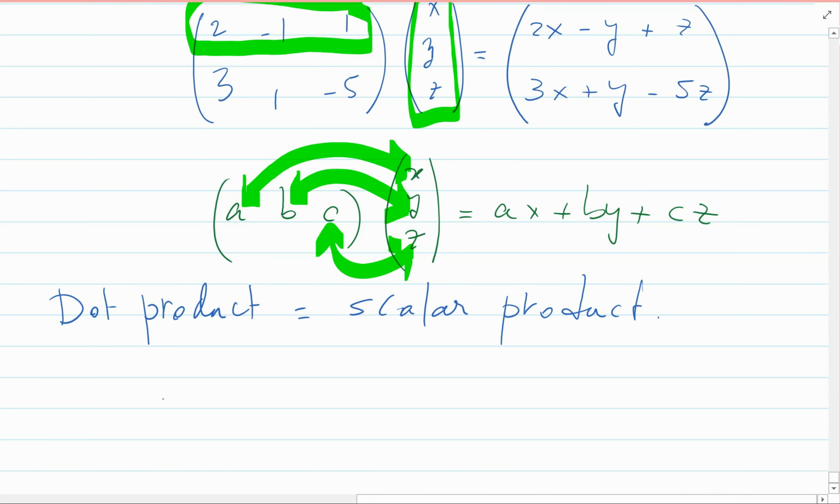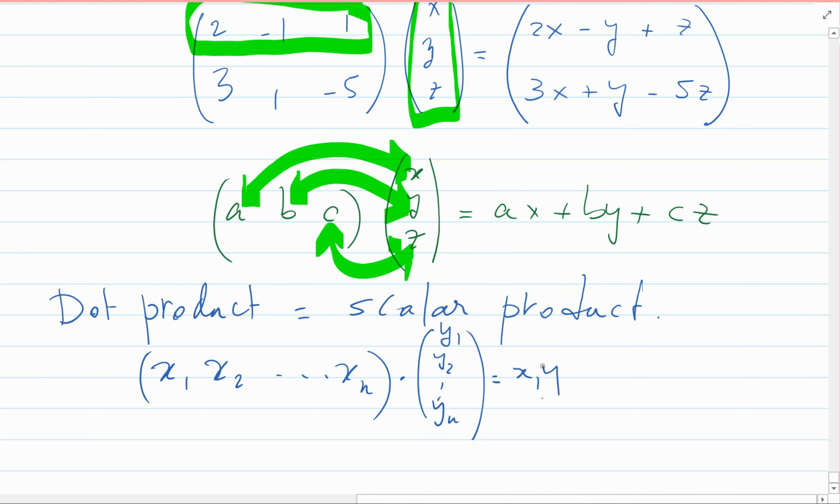So we have, this is just a definition. x1, x2, ... xn times y1, y2, ... yn, and this would be x1 y1, x2 y2, ..., xn yn.